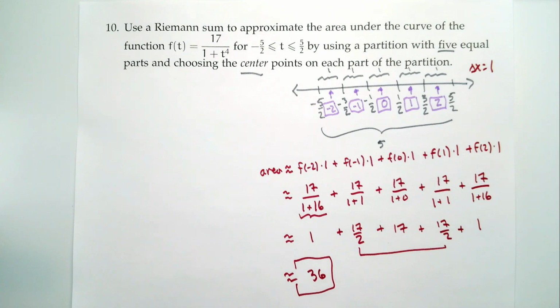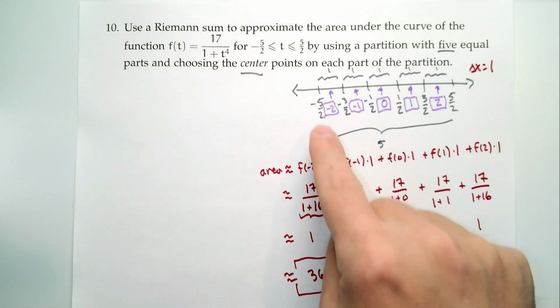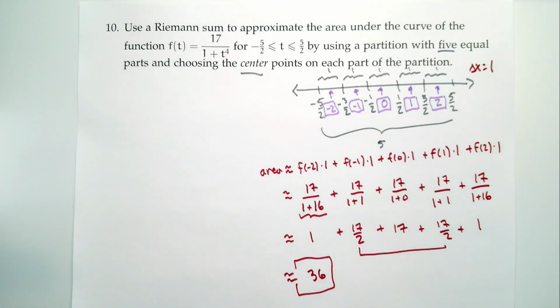And that's an approximation. Is it a good approximation? It's an okay approximation. It's probably significantly off because these are big widths. Really, the best approximations come by splitting things into smaller and smaller parts, but that involves a lot of computational work. Now, there are things that love to do computational work, and we call those computers.